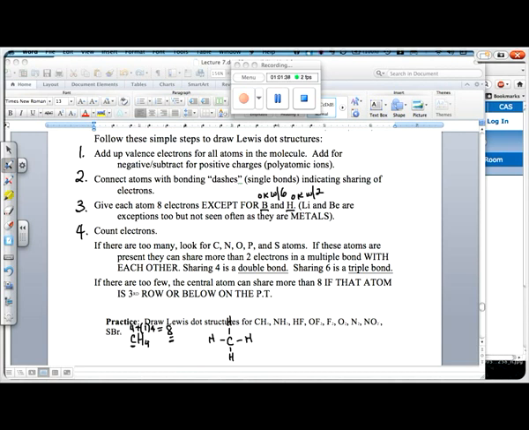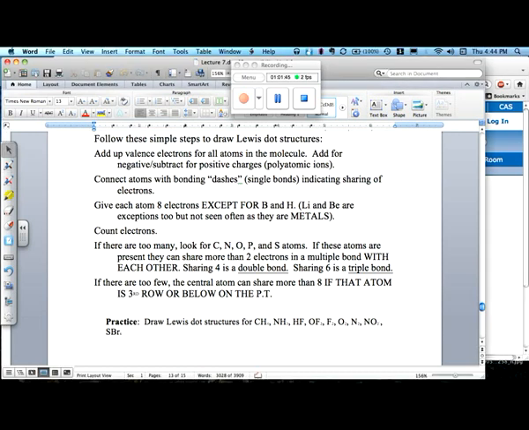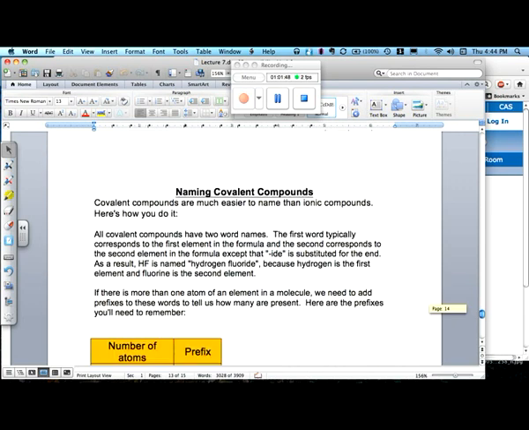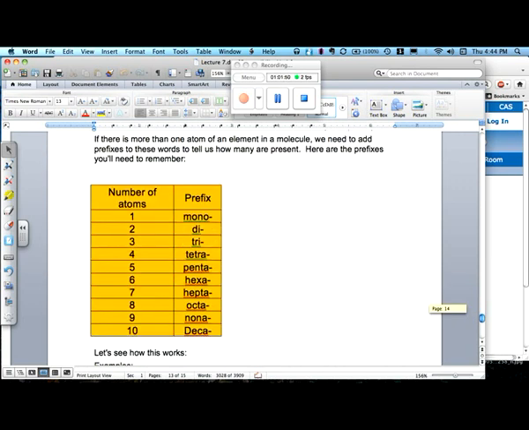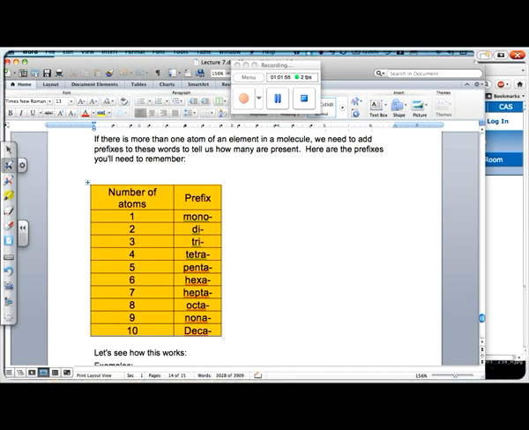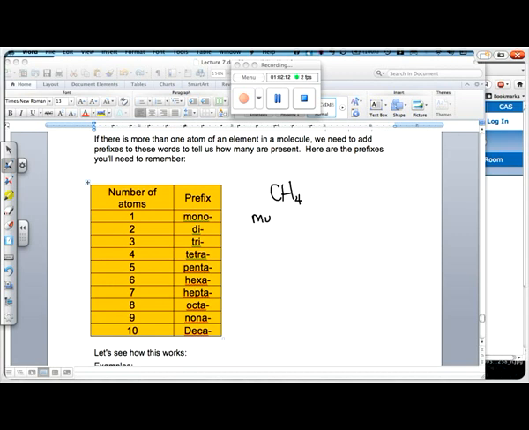Otherwise, before we leave CH4, let's review the names and name both of these examples as we do them. Covalent compounds are easy because you use prefixes to tell how many atoms are in a compound. So if I have something like CH4, the element in the first position is usually the one to the left on the periodic table, and if I only have one of them, I don't say monocarbon.